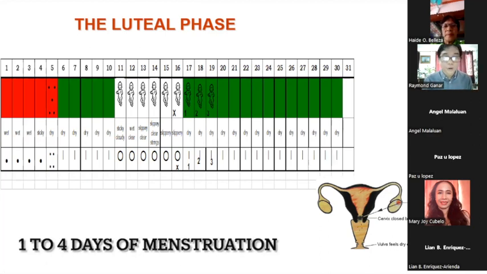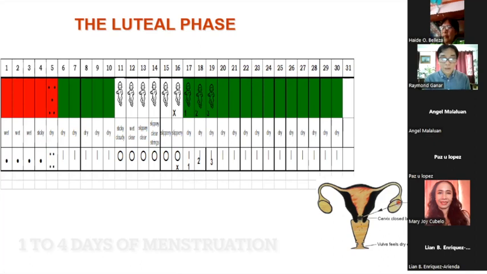Okay, 1 to 4 would be the days of menstruation. Why 1 to 4? Because day 5 is already dry. Take note, if the spotting is dry, it is no longer part of the menstrual bleeding. It is the beginning of the BIP.